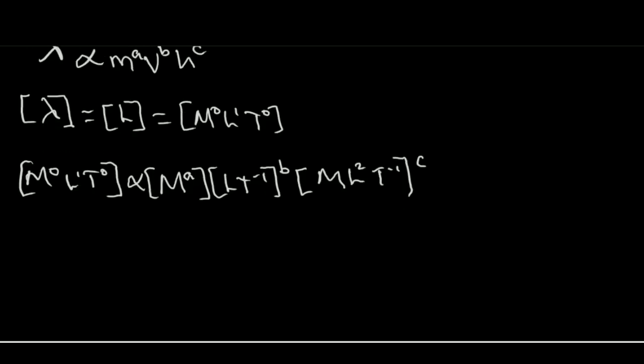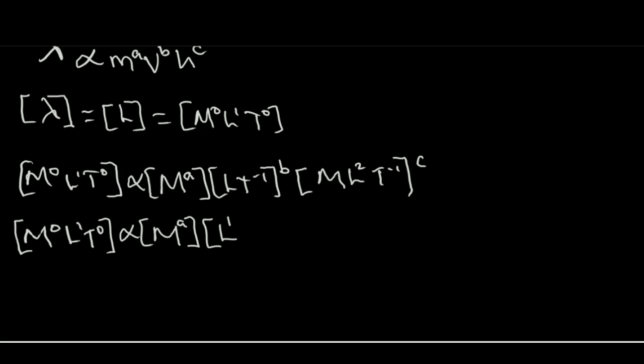So this is m to the power 0, L to the power 1, t to the power 0, directly proportional to m to the power a. Distributing b inside, we get L to the power b, t to the power negative b, multiplying with m to the power c, L to the power 2c, and t to the power negative c.